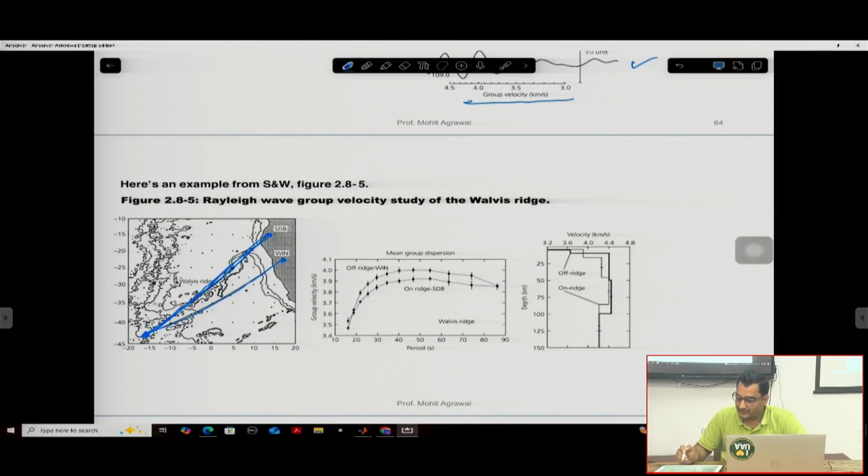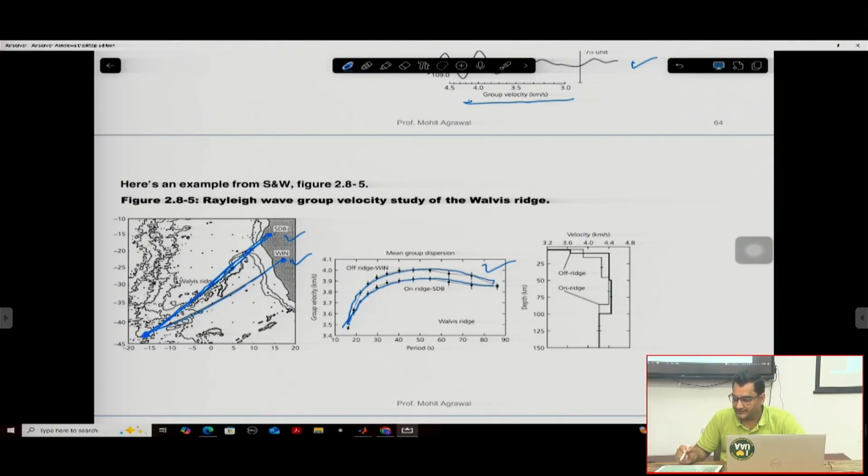Okay, so when you use your seismogram recording at both the stations and then filter them out and then construct your group velocity dispersion curves, then your dispersion curve may look something like this. Okay, so this is the on-ridge dispersion curve, and this is the off-ridge dispersion curve.